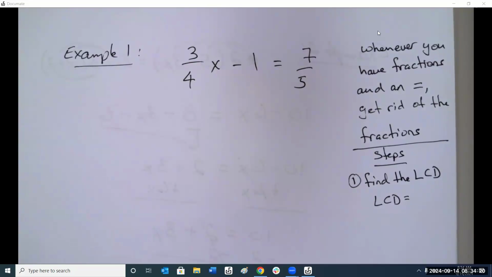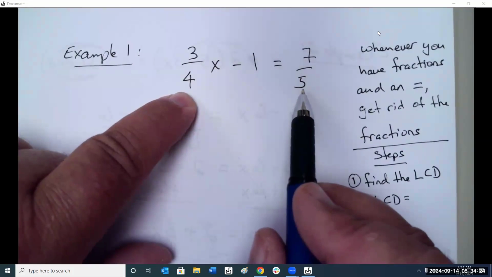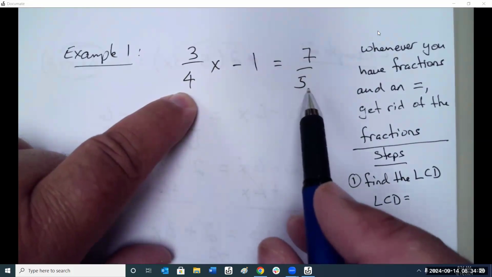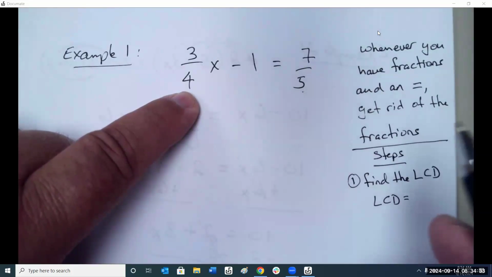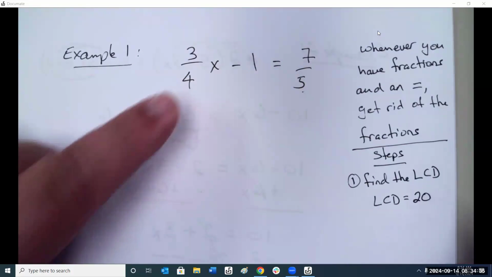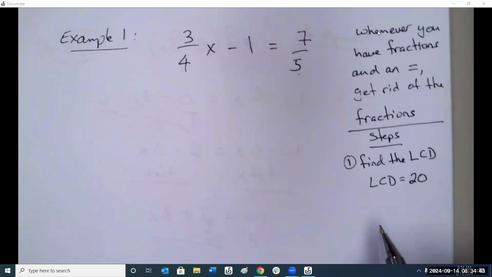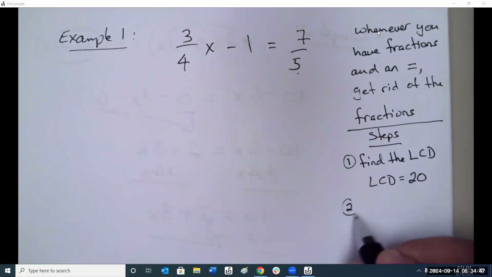In other words, what's the smallest number that the 4 and 5 both fit into? If you don't want to take time thinking about it, just multiply them. 4 times 5 is 20. Because if it's something smaller than that, it'll come out in the end. So that's our first step. We found the LCD.